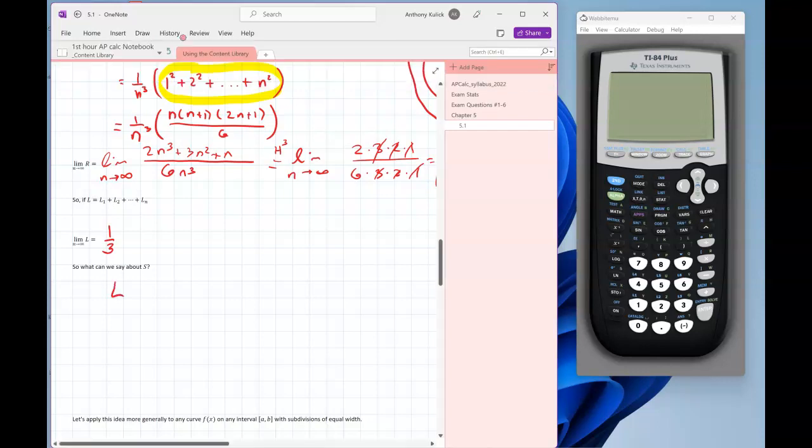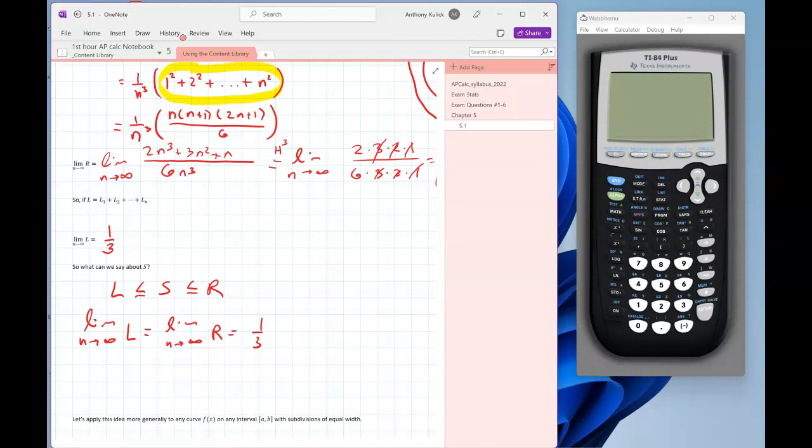We know that L and R are lower bound and upper bound on S. Everybody agree with that? And we know the limit as n approaches infinity of L is equal to the limit as n approaches infinity of R, which was all 1/3. Right?